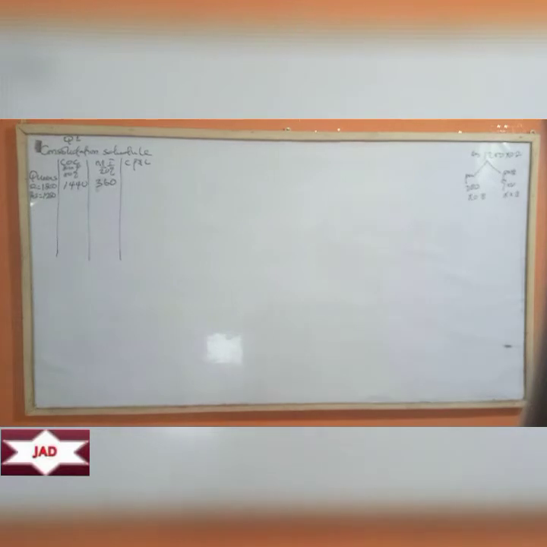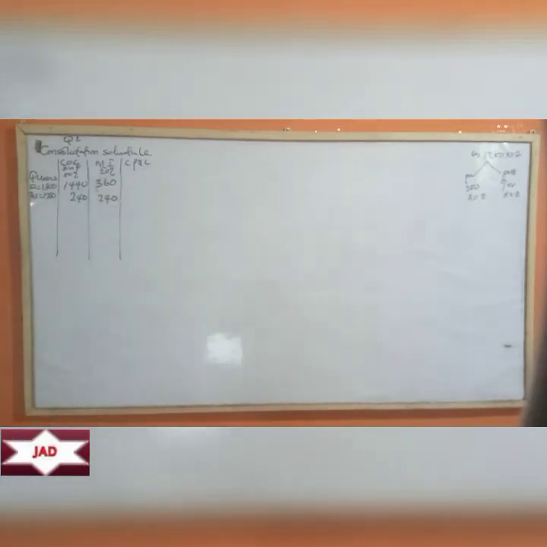$240. So we have 240. Minority interest is 20%, right? We have 0.2 times 1,200. And that's 240 as well.